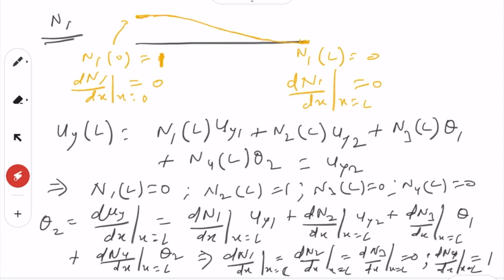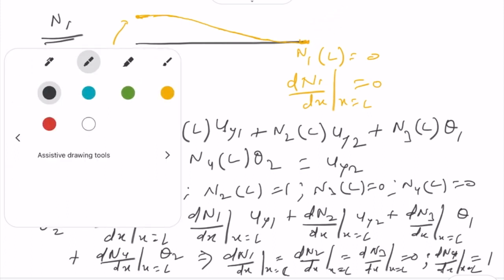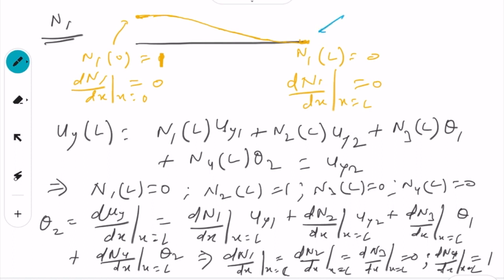Only thing is, now we have to find out what kind of function this is. Since this value is 0 and the slope is also 0, that means it has a double root at x equal to L.